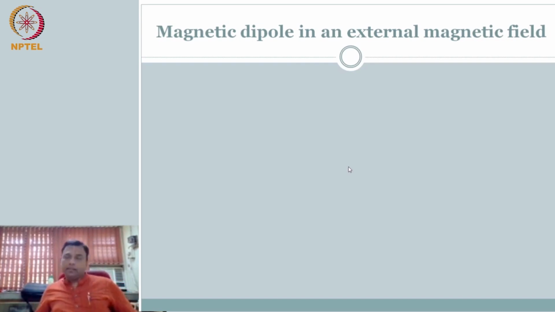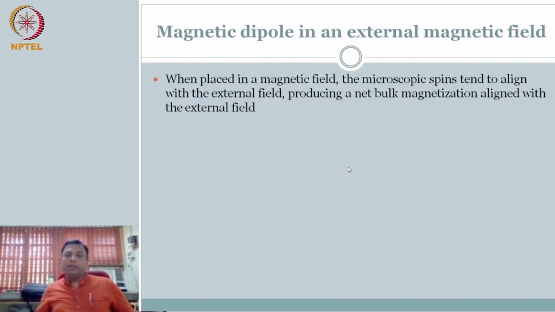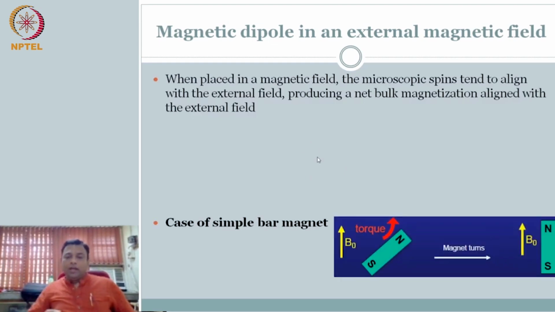So what happens? Similarly, what happens if you have a spin and you have microscopic magnetic moment vectors? What happens to this when it is subjected to an external field? You would expect a similar thing, right? So let's just complete what we know of the case of the simple bar magnet. You throw it in any direction. The B naught here in this case is your Earth's magnetic field.